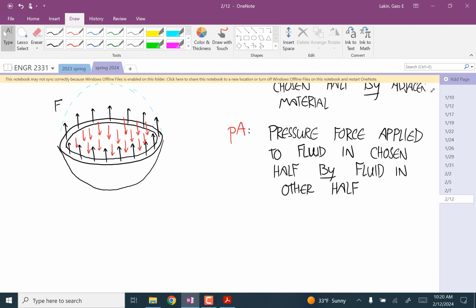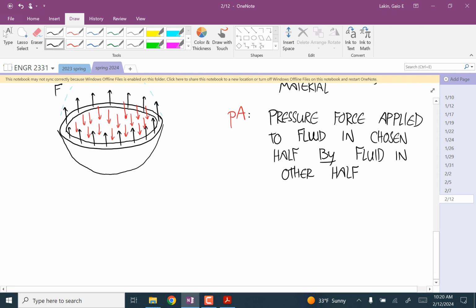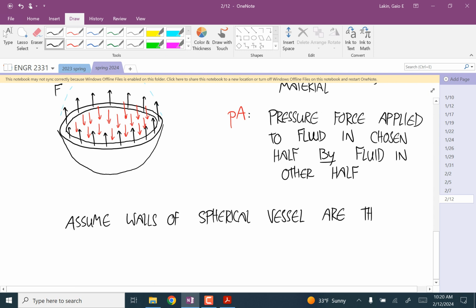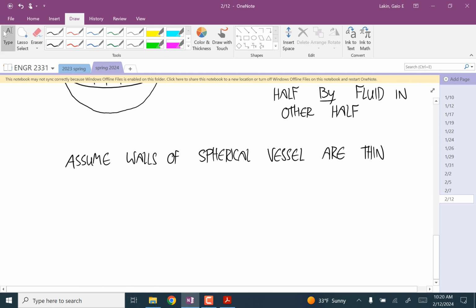Okay, so assume that the walls are relatively thin. So assume that the walls of this spherical vessel are thin compared to the radius.